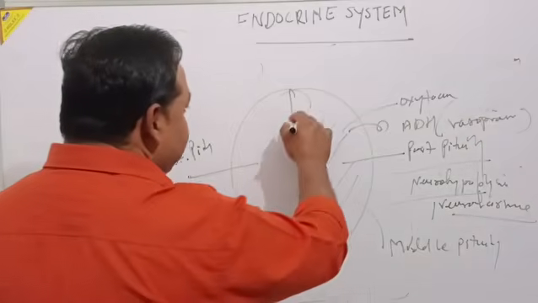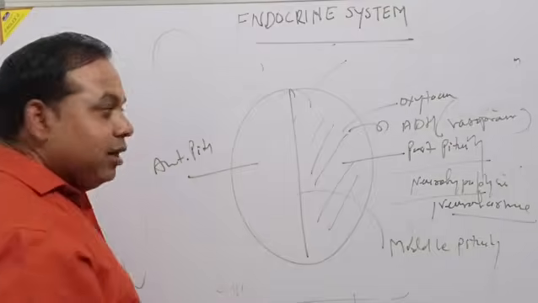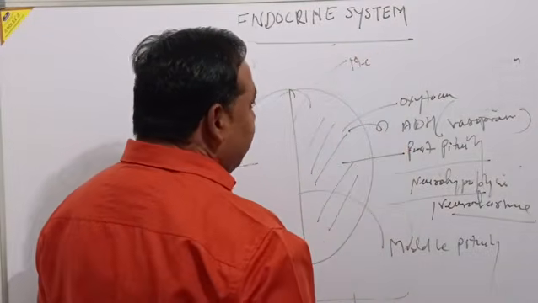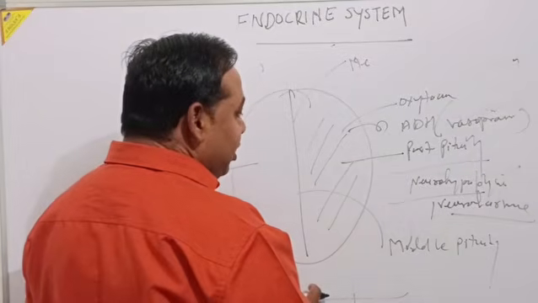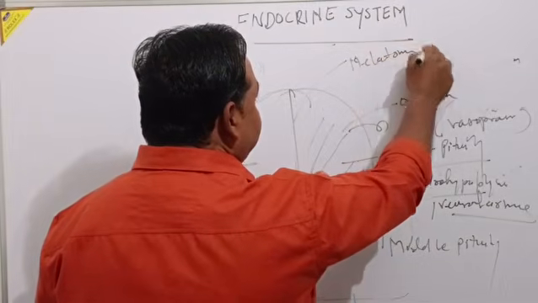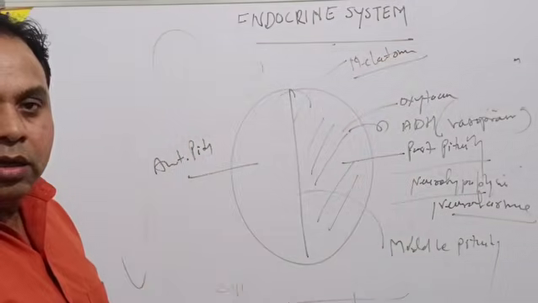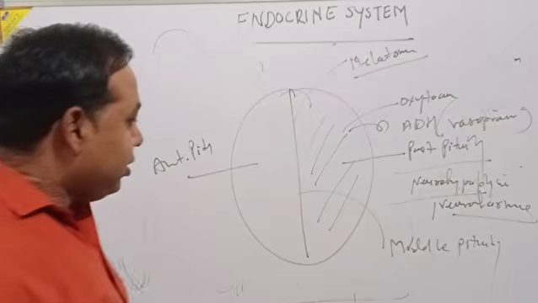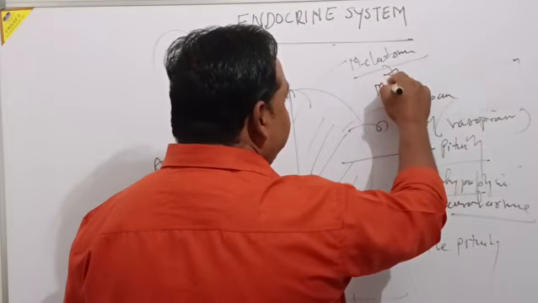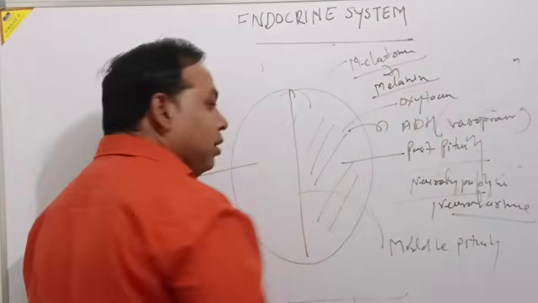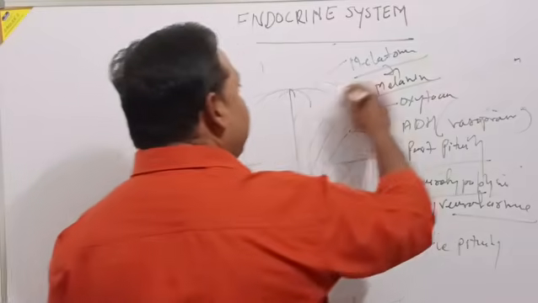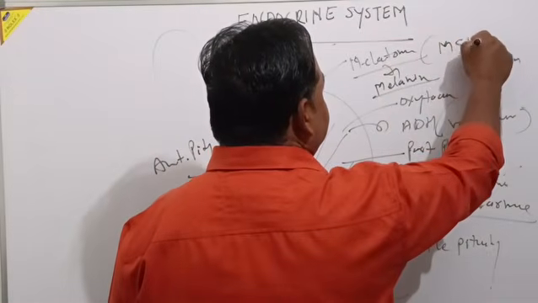If we discuss the middle pituitary, there is one hormone secreted from it, that is melanocyte stimulating hormone, also called MSH.